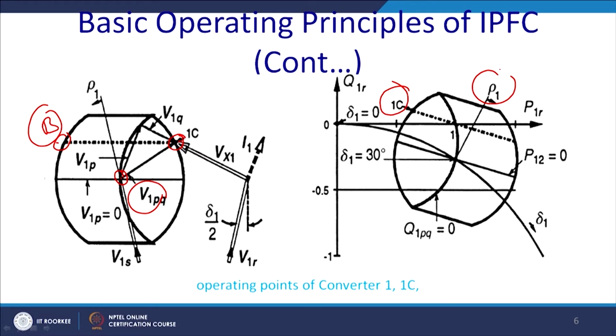Let us see in the 3 cases what the exchange of real power is. That is what we discussed, because the converter cannot generate real power; it has to take a loan from another converter or the supply to the other converter.